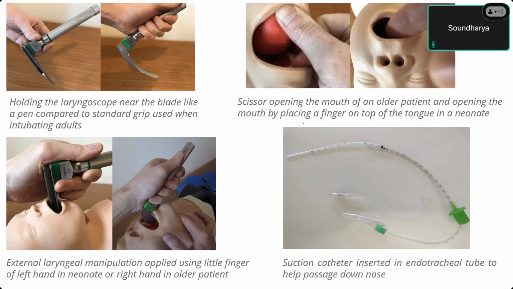A suction catheter is inserted into the endotracheal tube to help pass it down the nose without trauma. This catheter will first go in and dilate the passage. Then you push the endotracheal tube, remove the catheter, and advance the tube into the trachea. In small babies and neonates, to avoid injury and bleeding, use a small size catheter. It is inserted into the tube, and you railroad the whole thing into the nose.